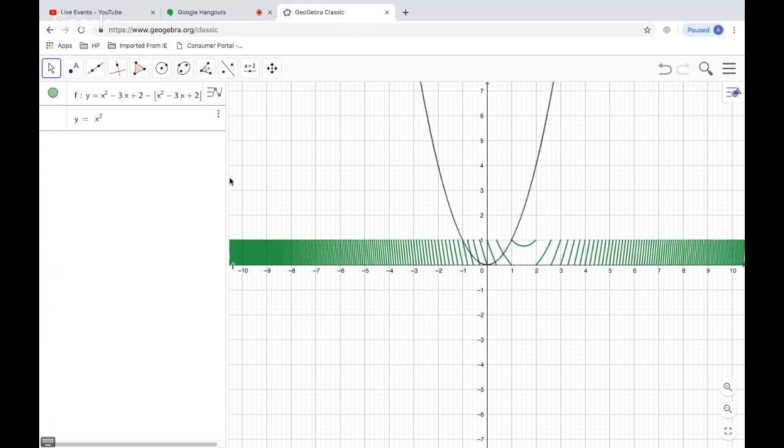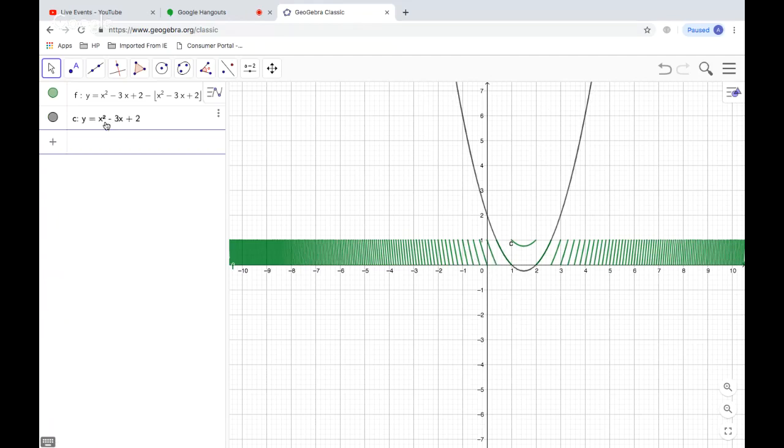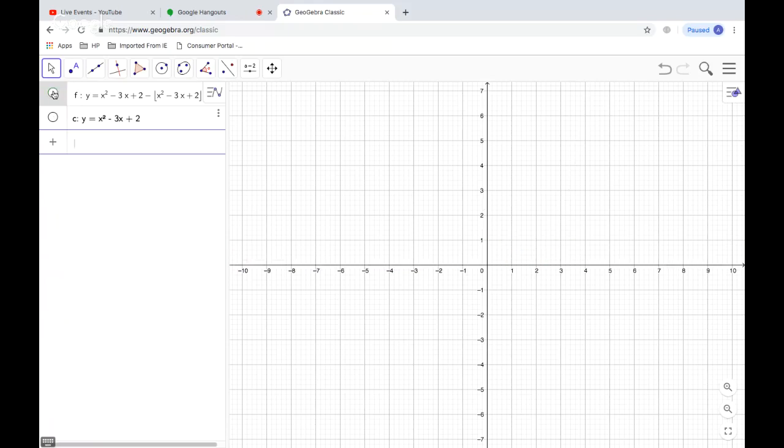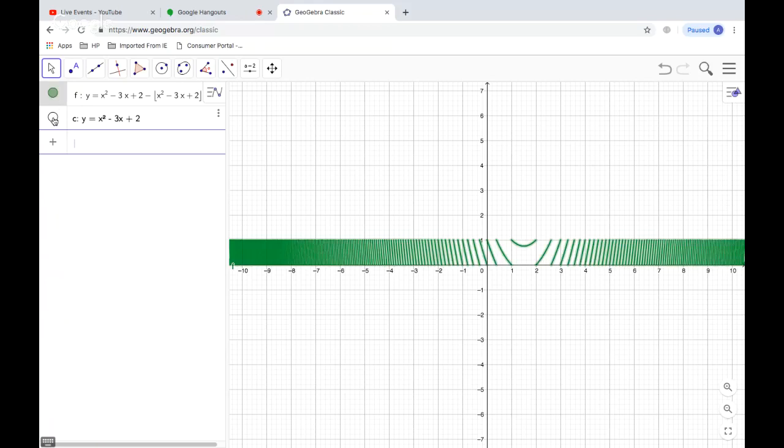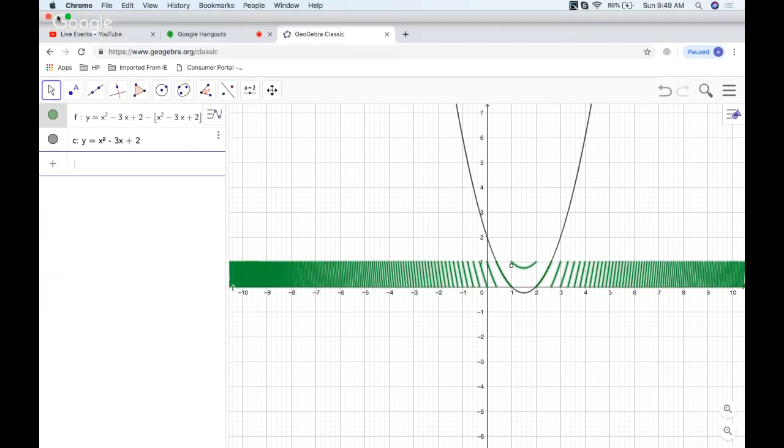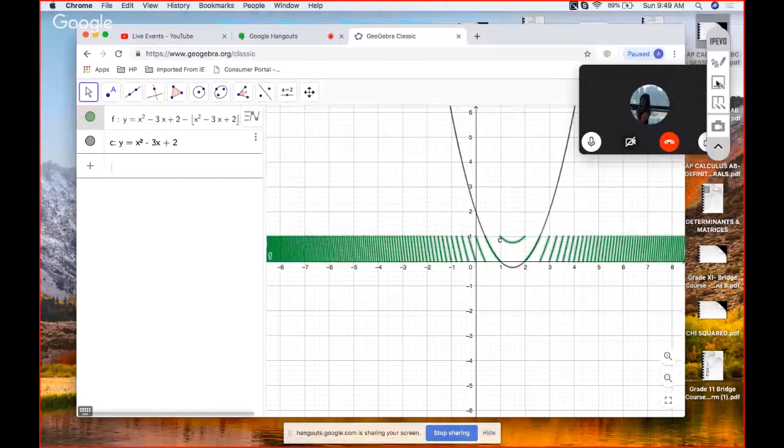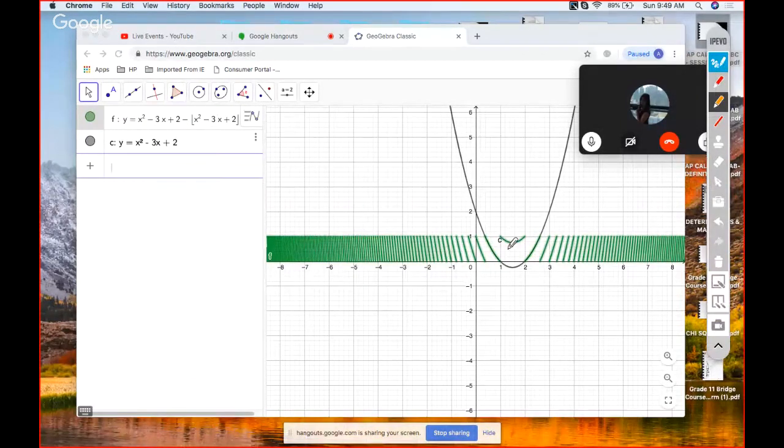That's what I'm trying to explain over here. See this part. What was happening is this part over here has fallen.